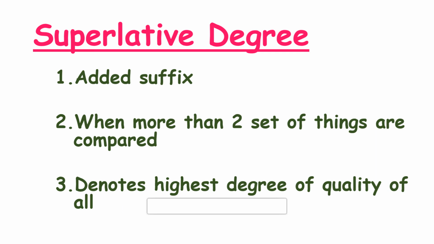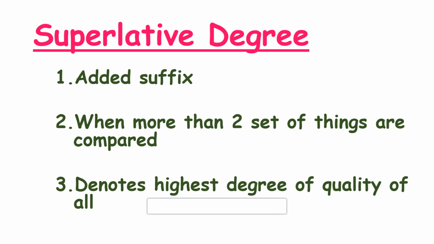Then comes the superlative degree. The superlative degree of an adjective denotes the highest quality and is used when more than two things or more than two sets of things are compared. So again, you need to point out, first point, suffixes are added. Generally the est suffix is added. As I've already told you, in the comparative and superlative degrees we add suffixes like er and est. In the comparative degree er, and in the superlative degree est.